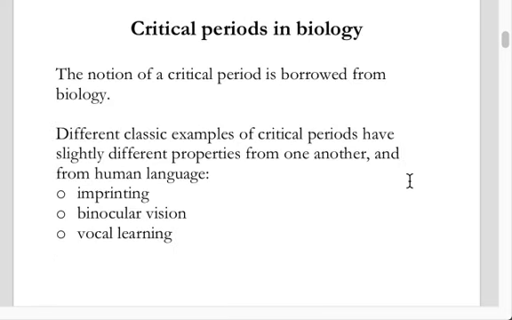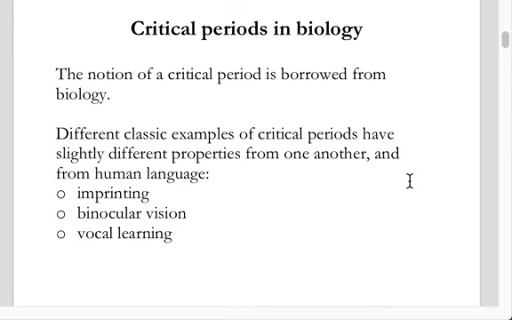So this idea of a critical period, and the term critical period itself, comes from biology. And there's a number of different classic examples of critical periods in biology. I am not even close to being an expert on any of these things, but I'll give you my two-sentence summaries of some of these.